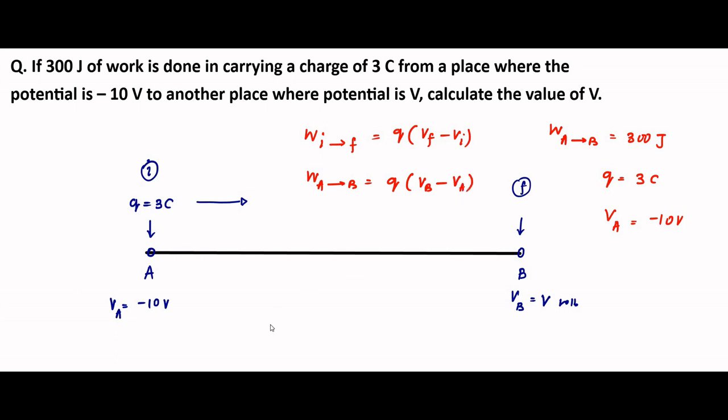So 300 is equal to 3 into V, where VB is V, minus VA, which is minus 10. That implies 300 is equal to 3 into V plus 10. That implies V plus 10 is equal to 300 by 3, which is equal to 100.